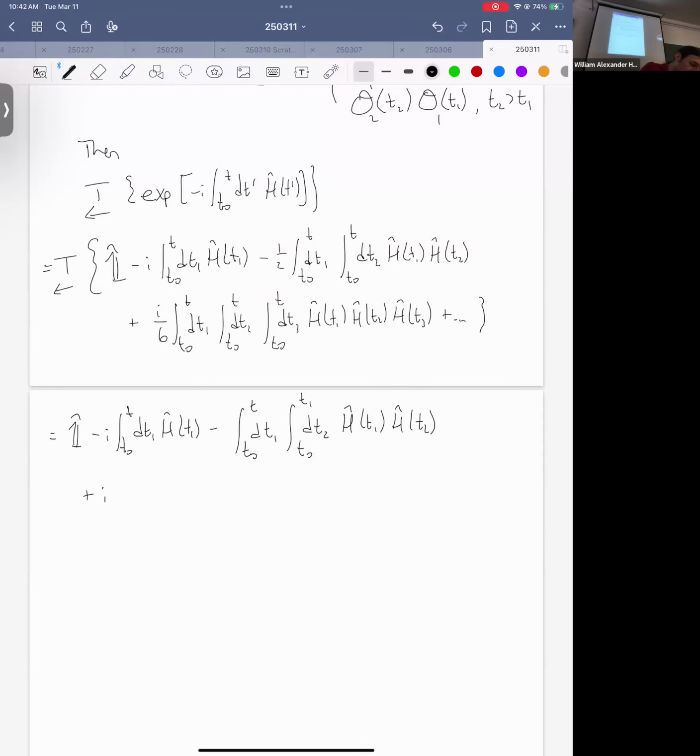Then my next term would be plus an I, integral T0 to T dt1, integral T0 to T1 dt2. And then what do you think the limits of the integration for the dt3 integration region are? Perfect, T0 up to T2. So I've got my Hamiltonian at T1, where T1 is always bigger now than my Hamiltonian evaluated at T2, and T2 is always bigger than T3.